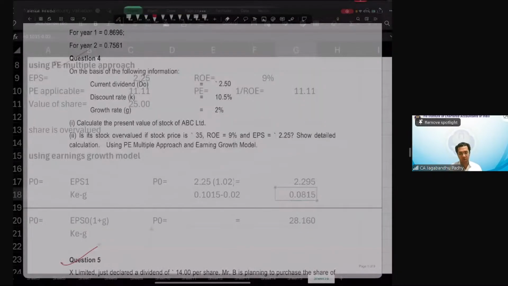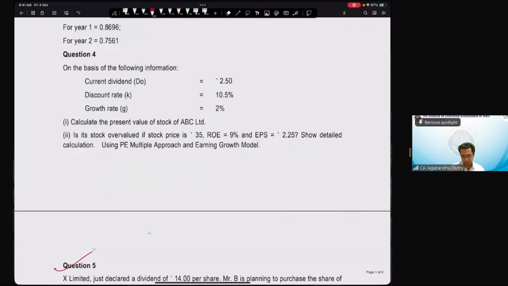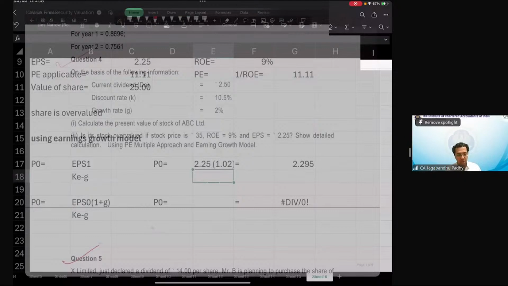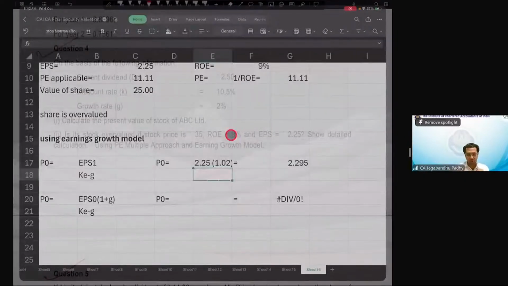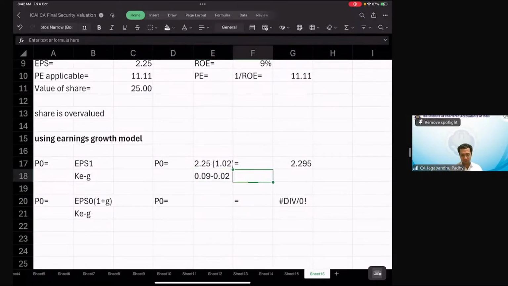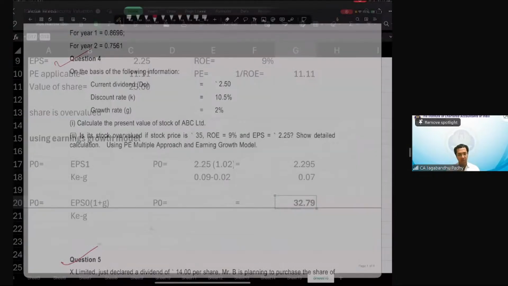Return on equity you can take, in this case, because it's a separate thing altogether, and they've given the return on equity as a separate question. So it will be 0.09 minus 0.02, correct? So it will be 0.07, and that's giving us the answer as 32 points, with return on equity of 9%.